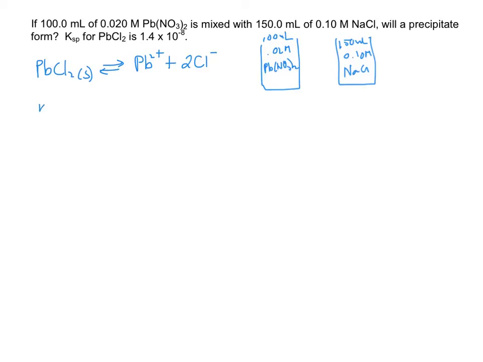The KSP expression for this would be the concentration of Pb2 plus times the concentration of the Cl minus. Don't forget to square it. And then you do not include this. You don't divide by this because that's a solid. You only include the aqueous ions or if you have gases. So that's my expression. And they tell us that that number is 1.4 times 10 to the negative 8th.